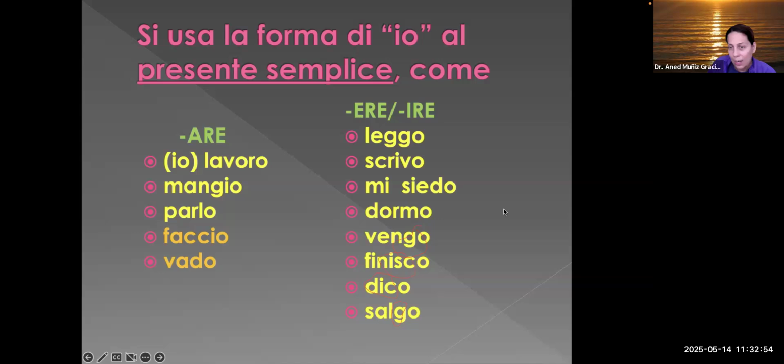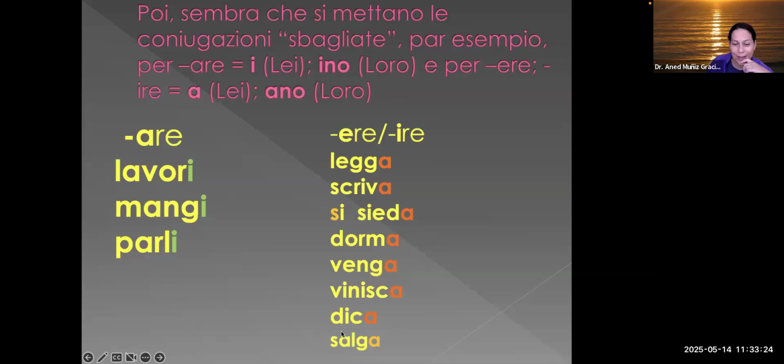This has the -isc, and if we have a verb also with an irregular root like bere, bebo, right? So we would have the io form, which is irregular here, and this is what we use. The lavoro, mangio, parlo are right, but then we have faccio and vado, which are irregular in the present simple, and we'll see how that relates to, well, you know how it relates to the imperative already, but we'll see how that ties into the subjunctive.